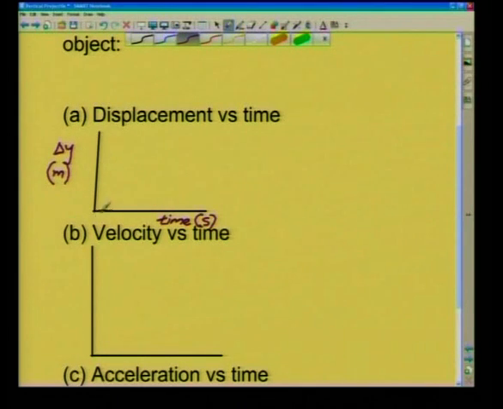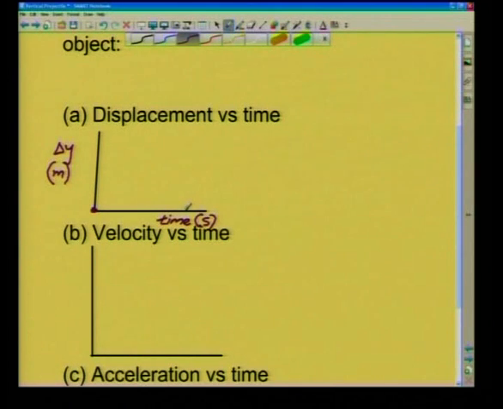We are told that this object is thrown upwards at a certain velocity, and then it's going to come back after some time. So we will take the initial position of the object as the 0 position. It hasn't moved any displacement, doesn't experience any change in displacement.